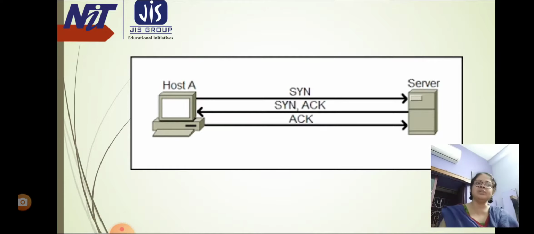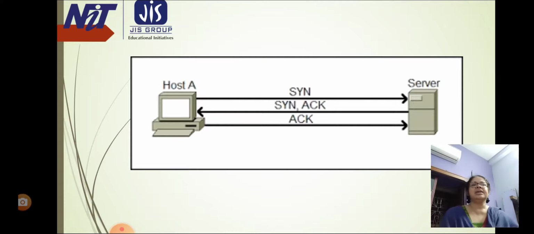The sequence indicates that the server correctly acknowledged the client's packet and that it is sending its own to be acknowledged as well. In the third step, the client node receives the synchronization and acknowledgement from the server and responds with an acknowledgement packet.